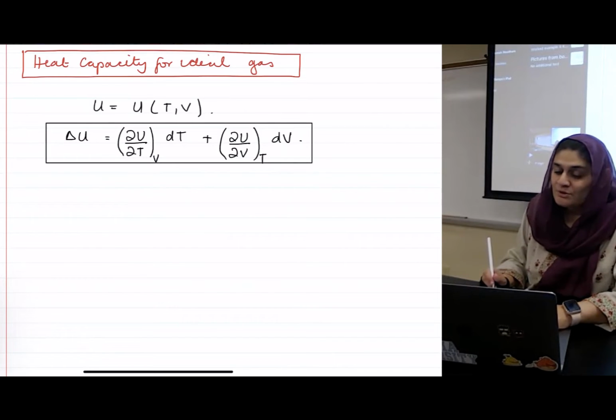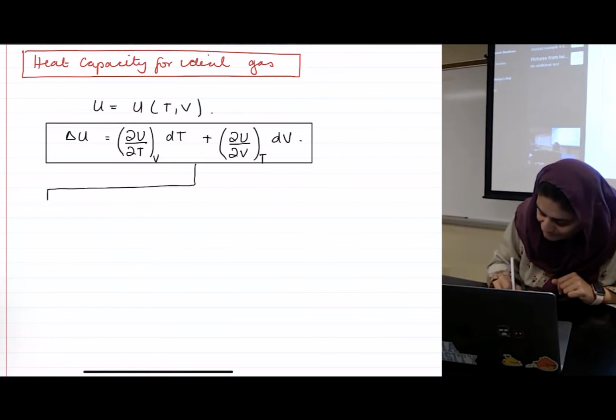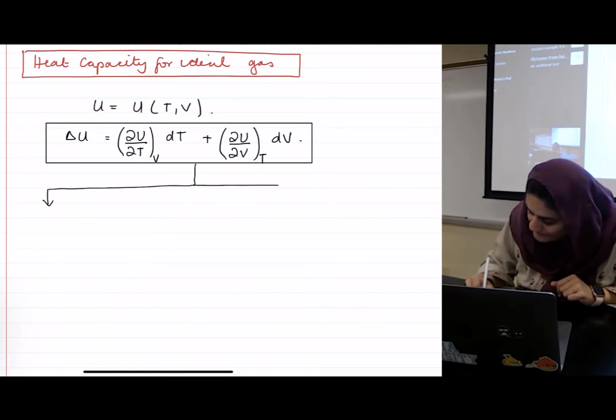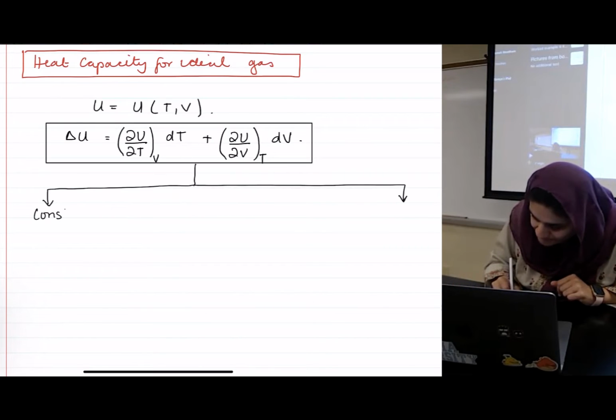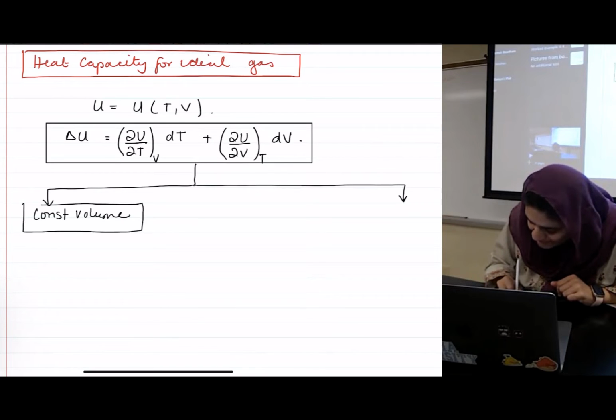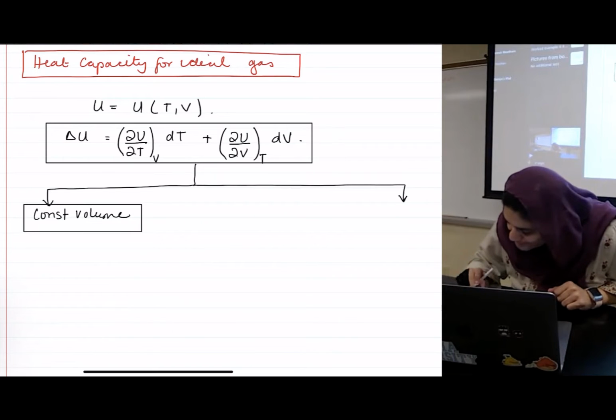So there are two ways we can do this. No, two things. Constant volume. Leave lots of room, guys. Constant pressure.